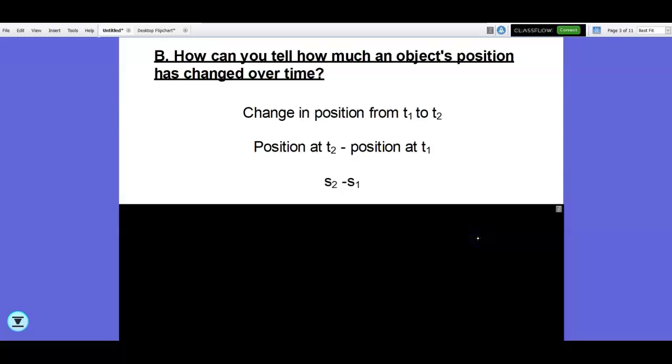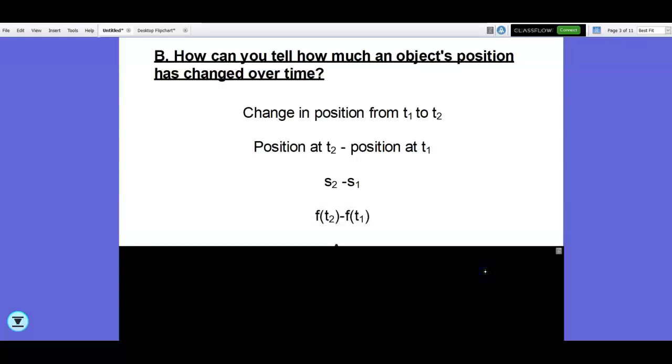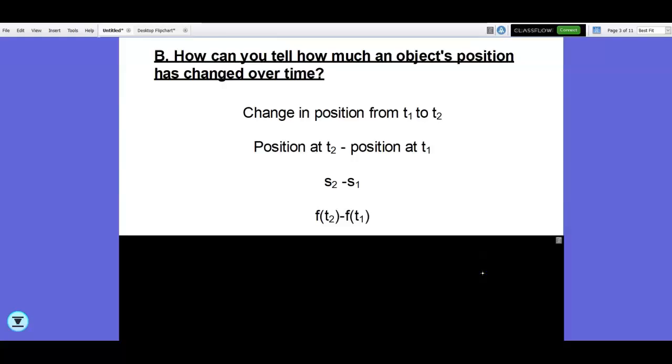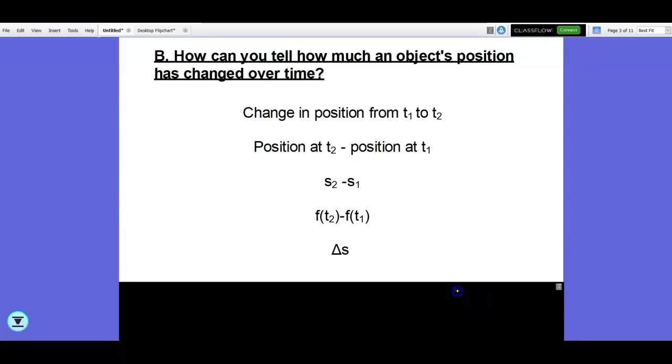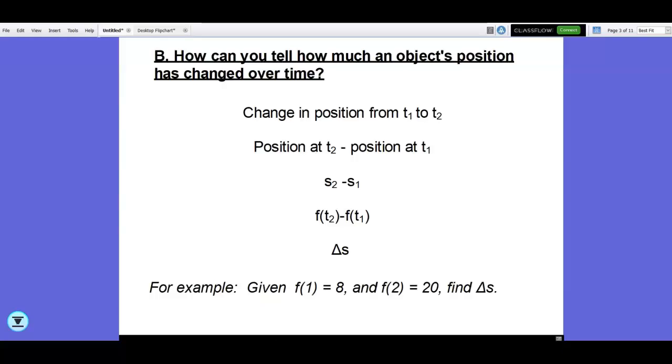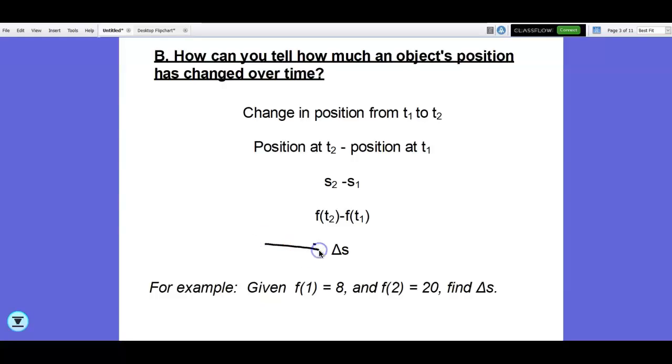Using S2 to represent the position at T2 and S1 to represent the position at T1, the change in position is S2 minus S1, which you could also think of as f of T2 minus f of T1. We represent that with a little triangle in front of the S, called delta S, just so you know. What that delta means is how much the object's position has changed over time.